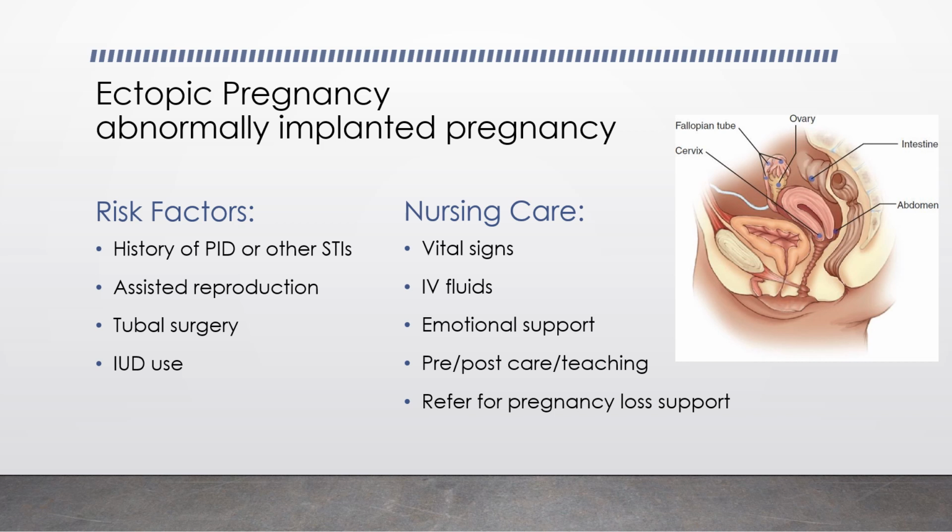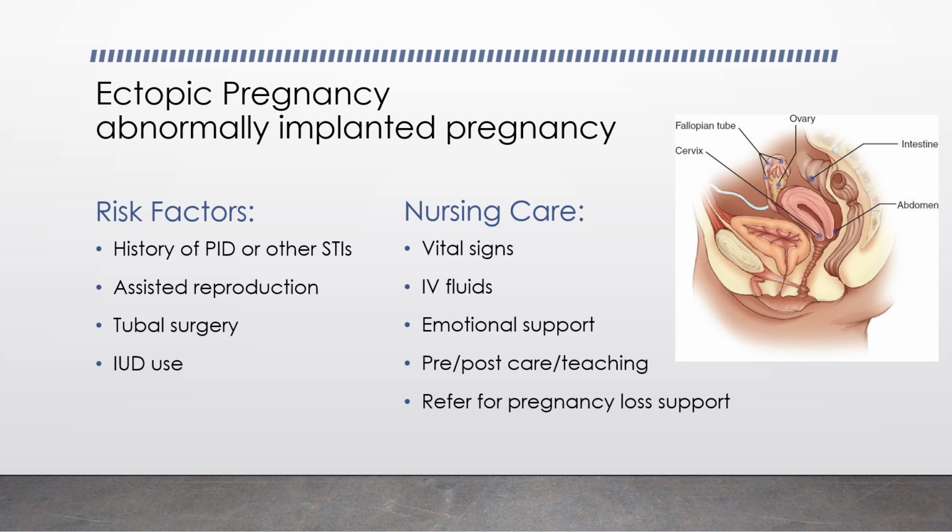If a woman had tubal surgery, she may have had another ectopic pregnancy and they just took out the segment that contained that fetus, or maybe she had a tubal ligation in the past and then she had a reanastomosis so that she could get pregnant again. And IUD use is also another risk factor.